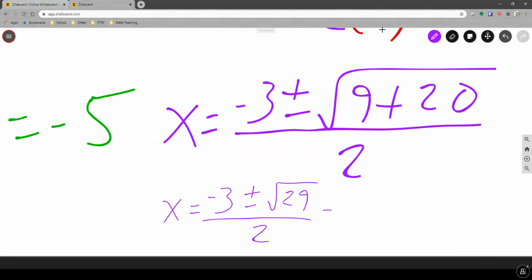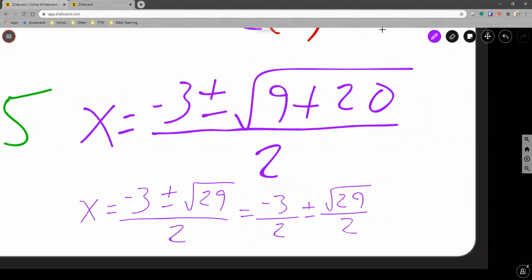I could either leave it like this, or I could write it as x is equal to -3 over 2 plus or minus the square root of 29 over 2. That's my general answer.